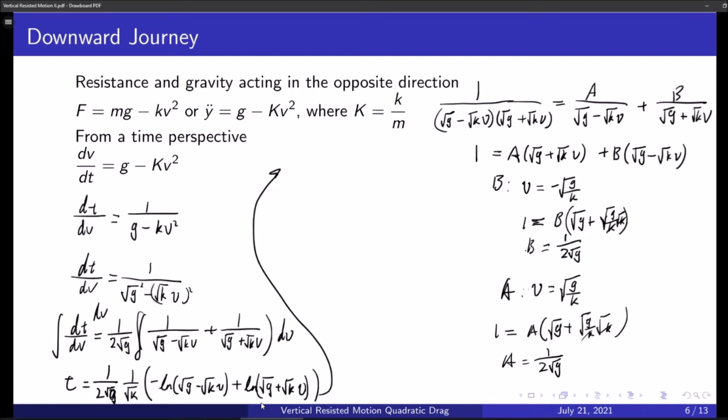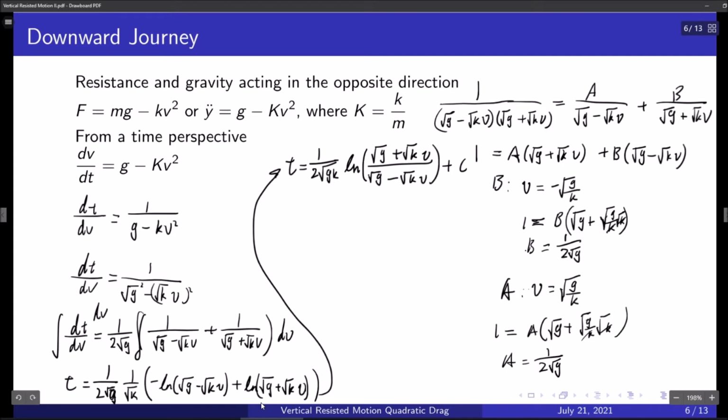So we end up with t equals 1 over 2 square root of gk, then times log of square root of g plus square root of kv over square root of g minus square root of kv, plus c. Okay, so what is c?